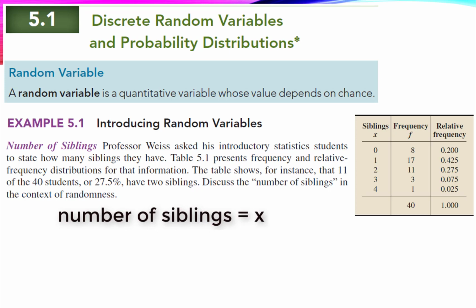It means a variable whose value depends on chance, namely the student being selected. So x will be called a random variable.